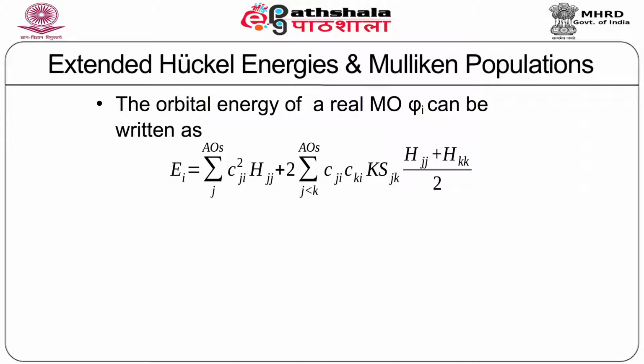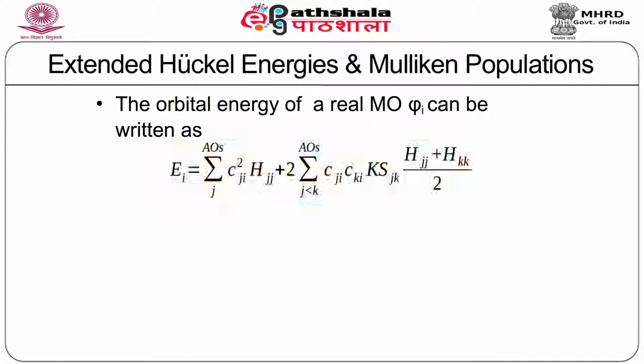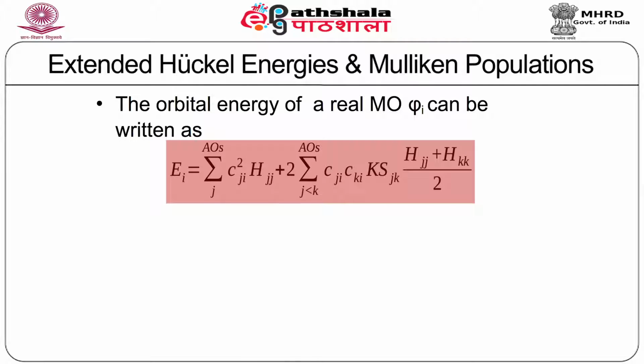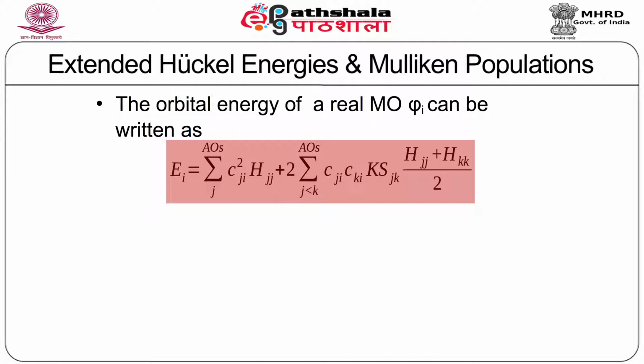The orbital energy of a real molecular orbital phi_i can be written as E_i equals the sum over all the atomic orbitals of c_ji squared H_jj plus 2 times the sum over j less than k, over all the atomic orbitals, of c_ji c_ki K S_jk (H_jj plus H_kk) divided by 2.